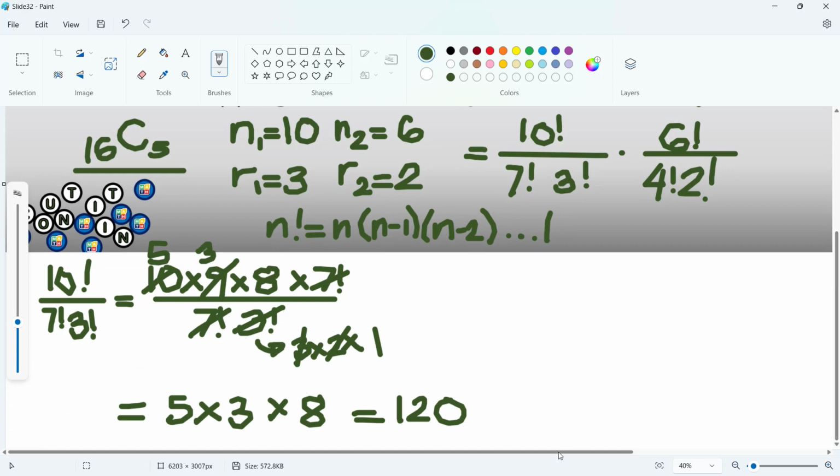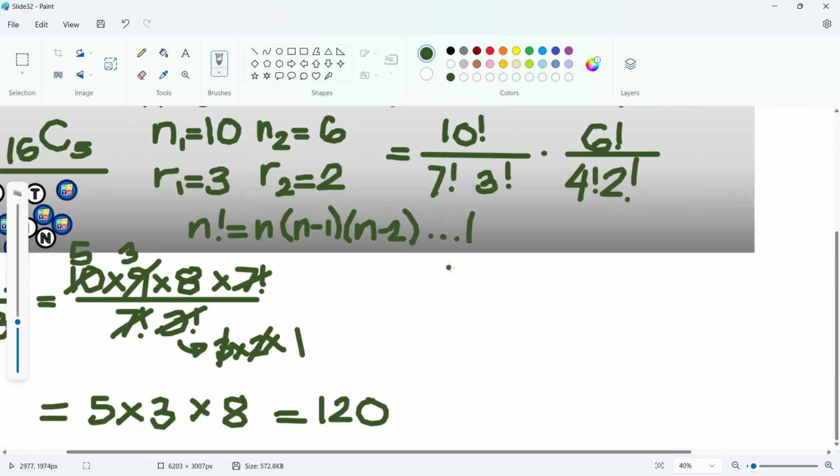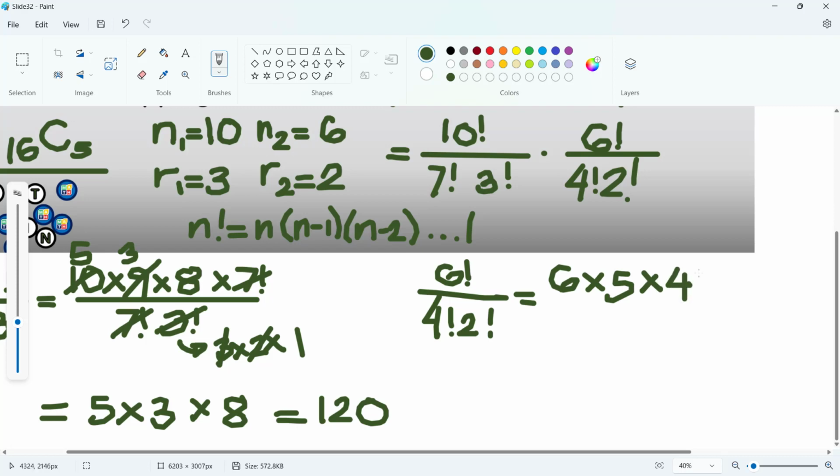Let's proceed to the second. That's for the toppings. So you have here 6 factorial over the product of 4 factorial and 2 factorial. Again, your 6 factorial can be expressed in this manner: 6 times 5. Let's end at 4 factorial. So we can cancel the 4 factorial at the bottom. You still have 2 factorial here, but your 2 factorial is 2 times 1.